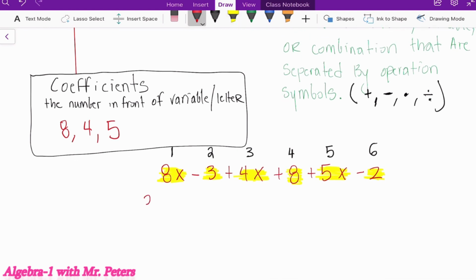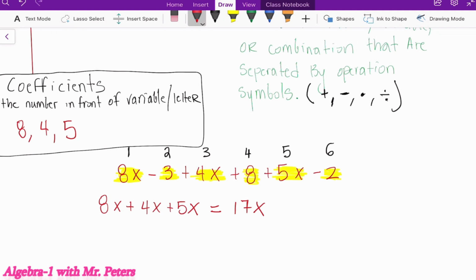So I have 8x, right? Plus 4x plus 5x. Once I combine all my x's together, right? How many x's am I going to have? And you guys are right. We're going to have 17x, right? So let's just scroll over and let's write this answer over here so we don't forget it, right?